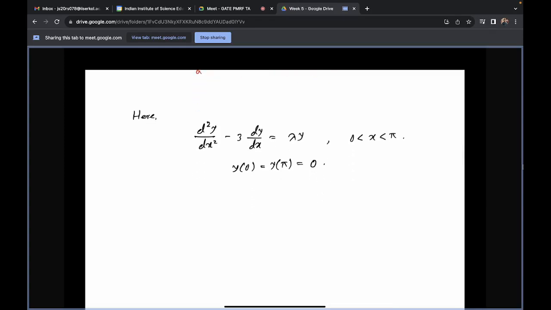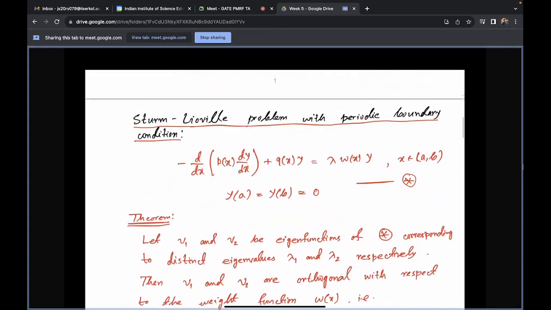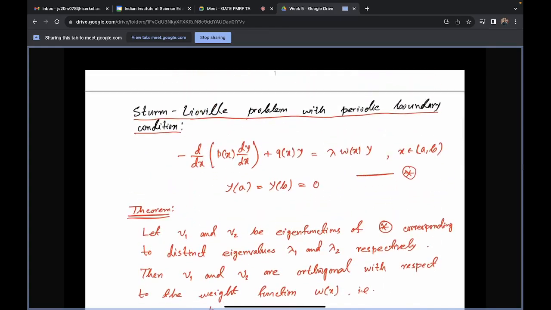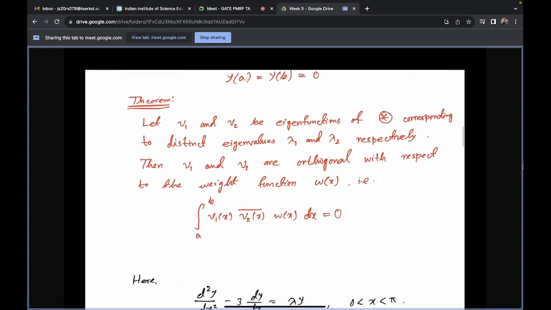So you want to write this problem in this form, right?